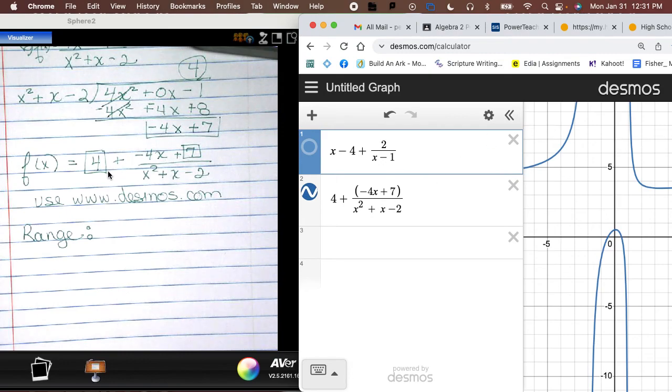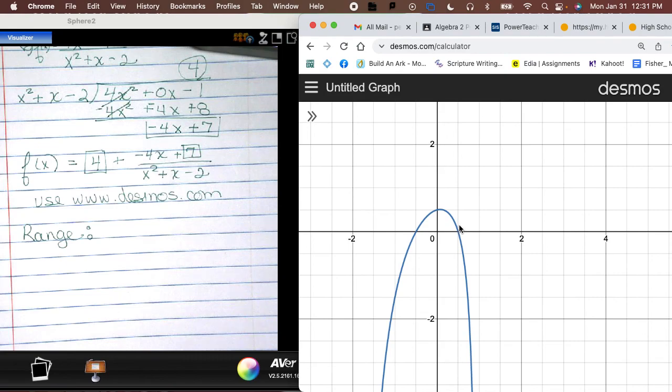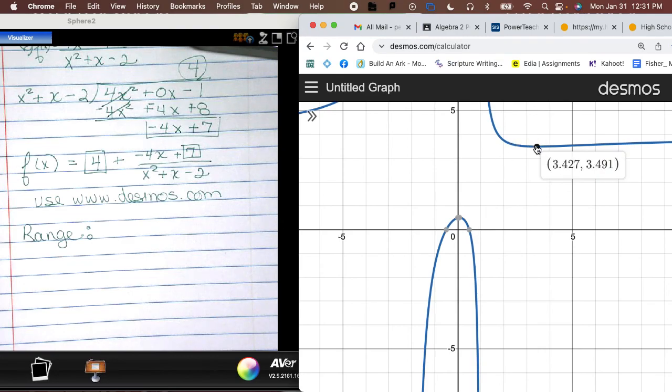So I have my 4 and my negative 4x plus 7 on top and my x squared plus x minus 2 on the bottom. So I've got to be looking for when does the y stop here. Right there. When does the y start here? Right there.